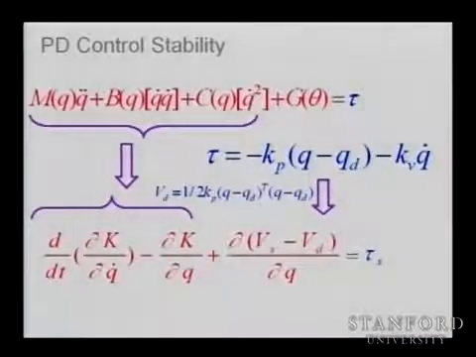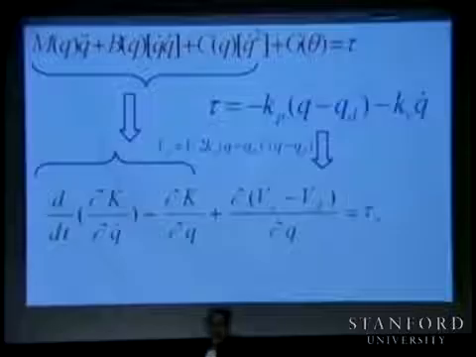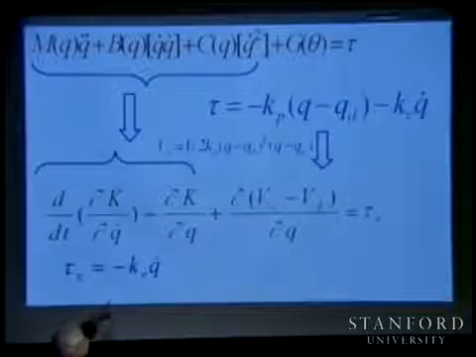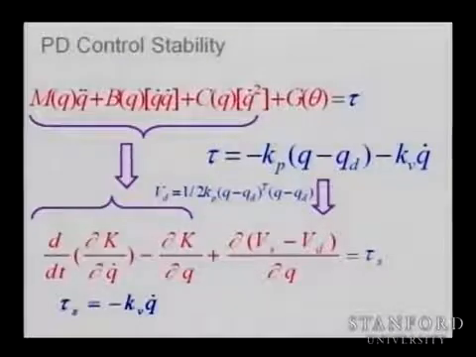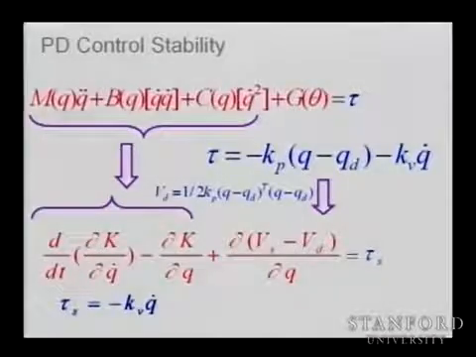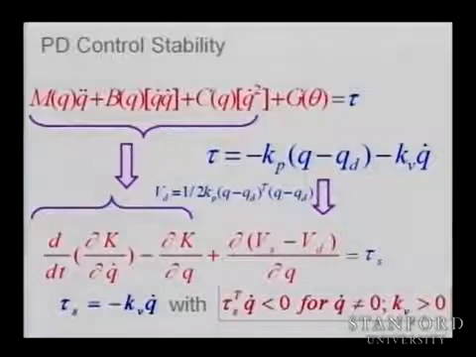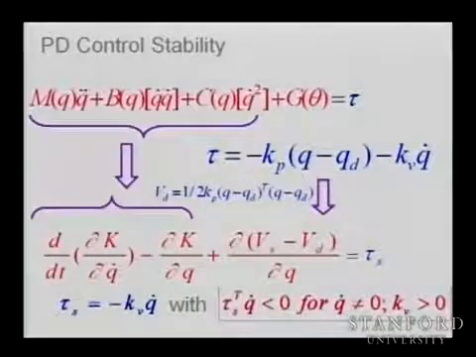In addition, on the right-hand side, we have a term that is minus kv q dot. This term is going to bring additional stability, that is, asymptotic stability, because it will dampen and oppose the motions along the q dots. So you remember this condition, that these forces are acting against the velocity.